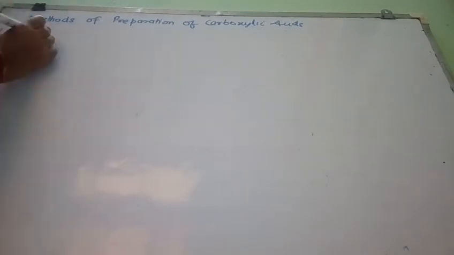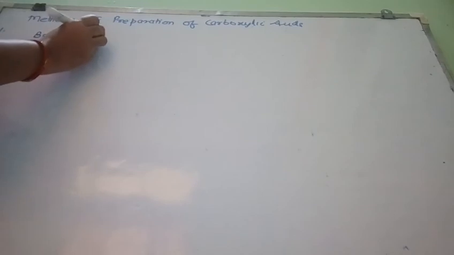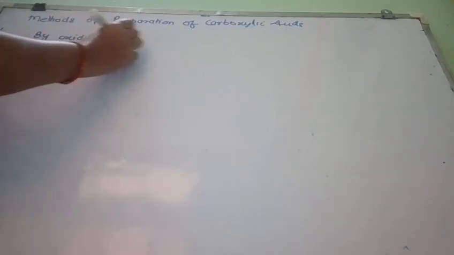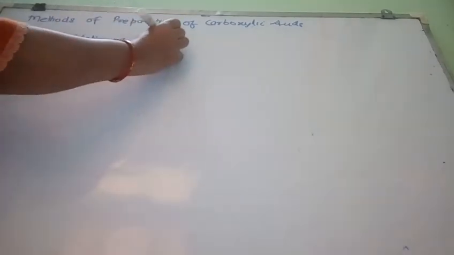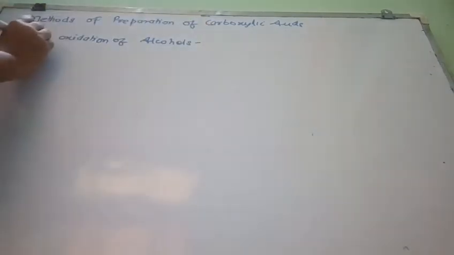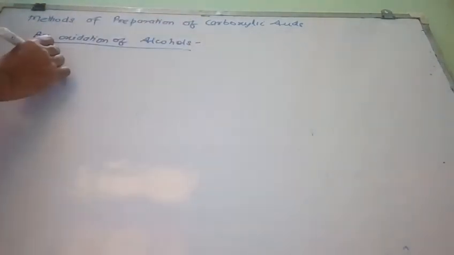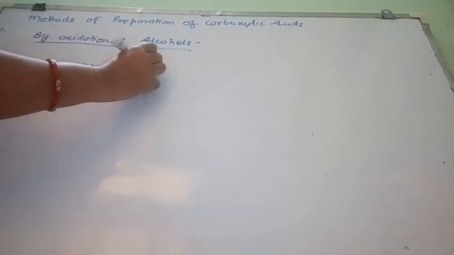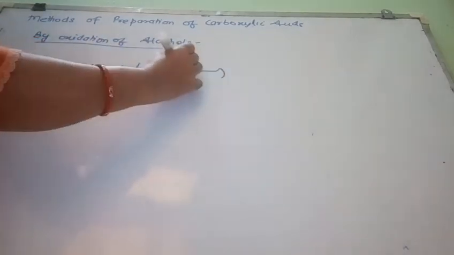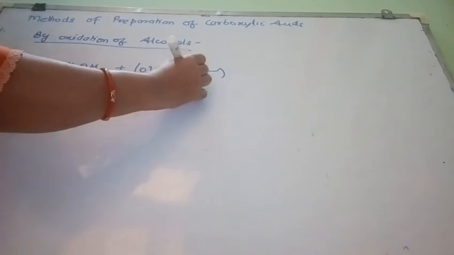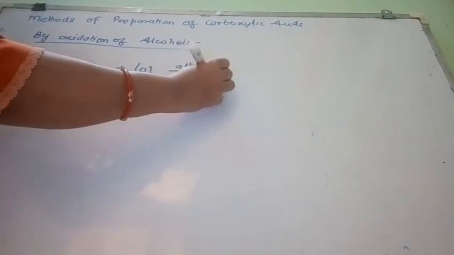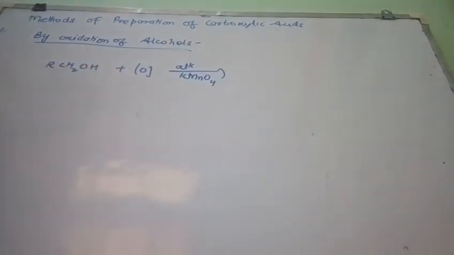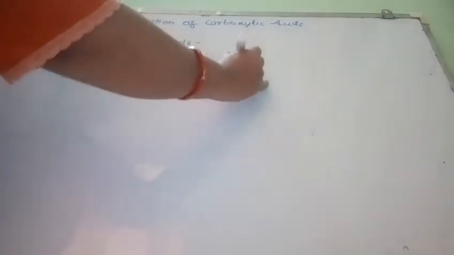First, by oxidation of alcohols. When alcohols are oxidized in the presence of strong oxidizing agents such as alkaline potassium permanganate, acidic potassium dichromate or acidic chromic acid, we will get carboxylic acid.